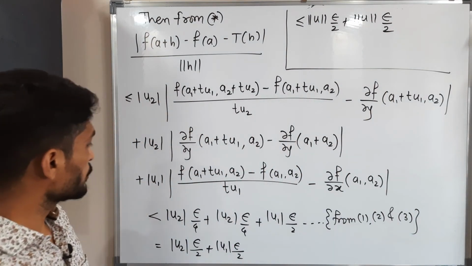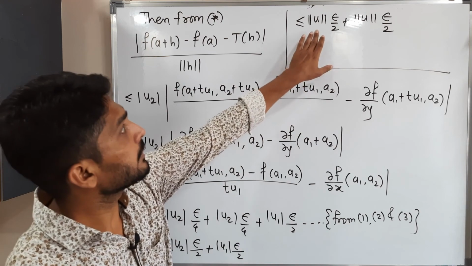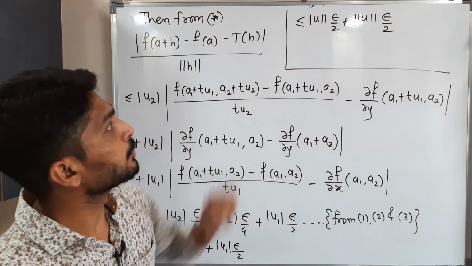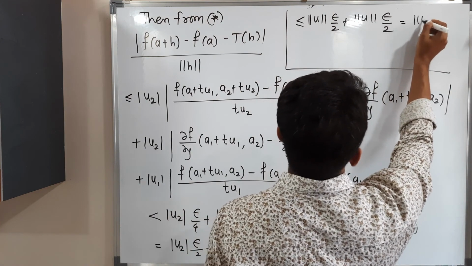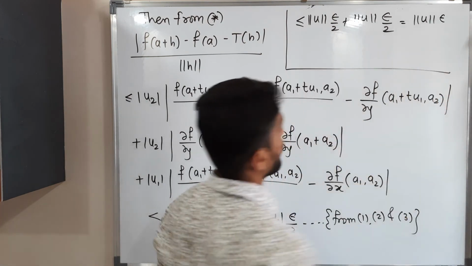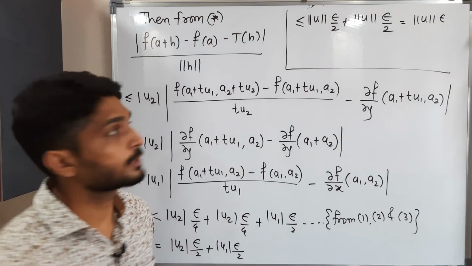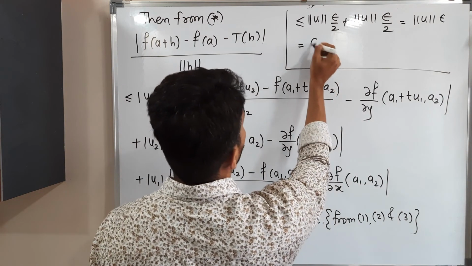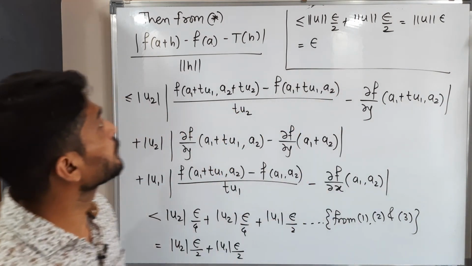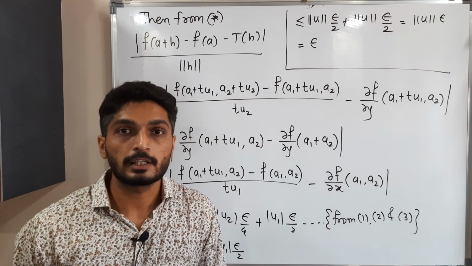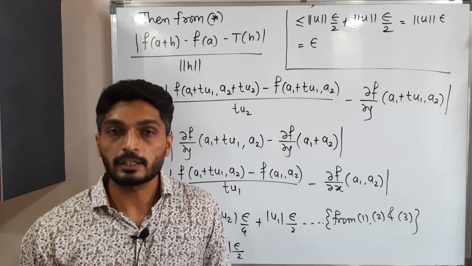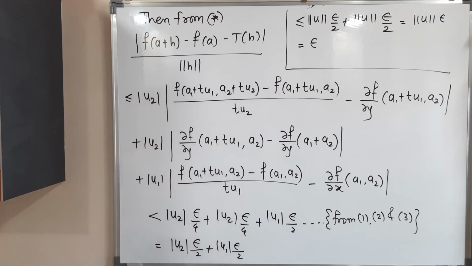That means epsilon by 2 plus epsilon by 2 gives norm u times epsilon, but u is a unit vector, so this is equal to epsilon. So finally we proved that this one is less than epsilon. Therefore we can declare f is differentiable at a. There is no more space, so take a screenshot of it, then we will go further.